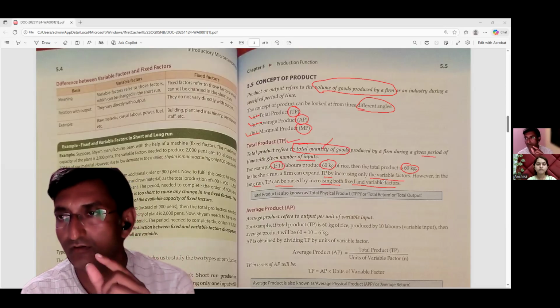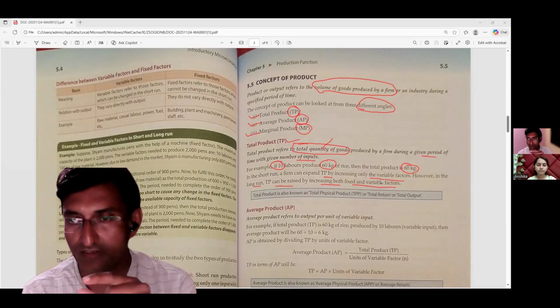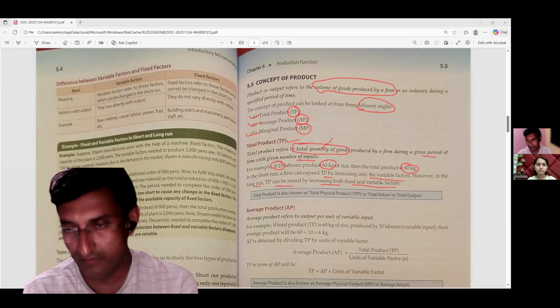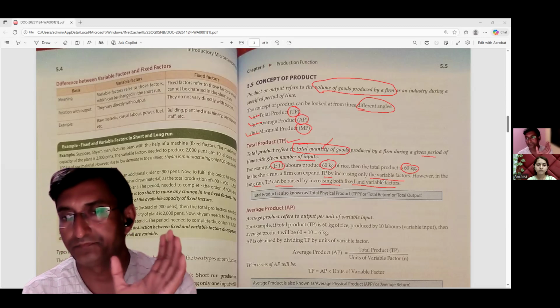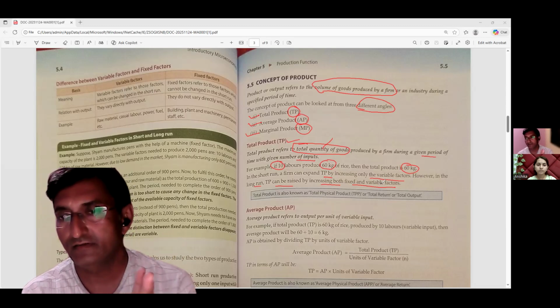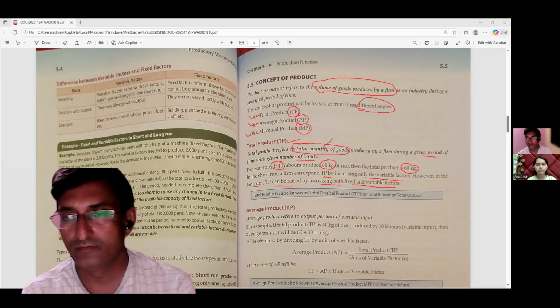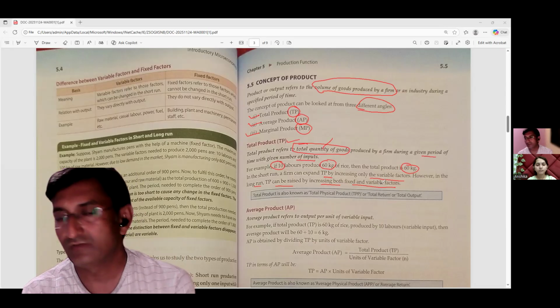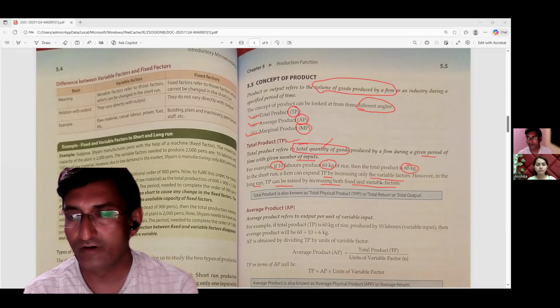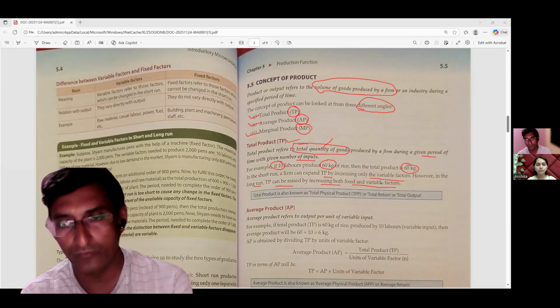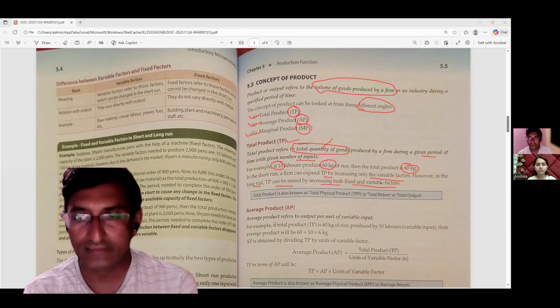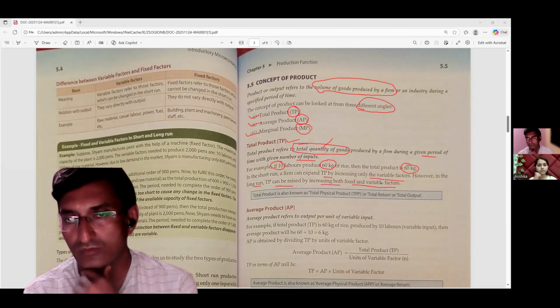In the short run, they can increase their variable factors, so you can take a simple example of purchasing raw material, as well as increasing labor or manpower, and with the help of both, they can increase their total product as well.